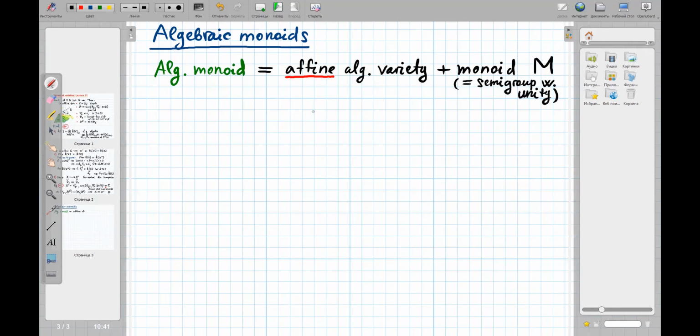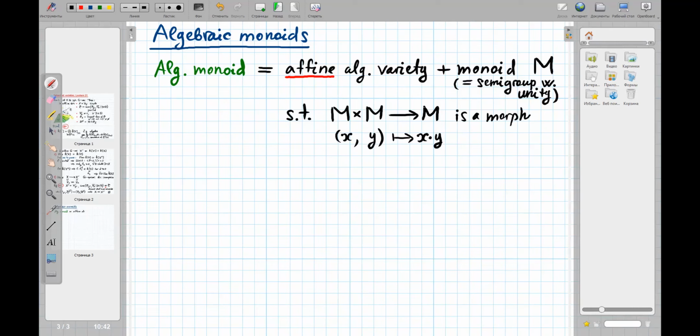So this M is such that the multiplication law sending a pair x comma y to the product is a morphism. Actually, the same definition as for algebraic groups.